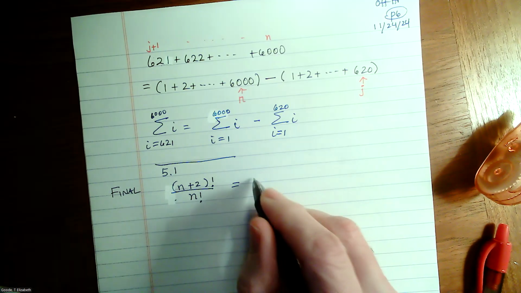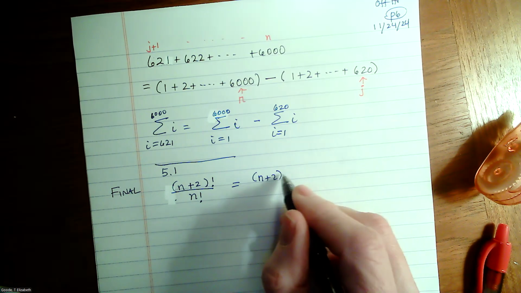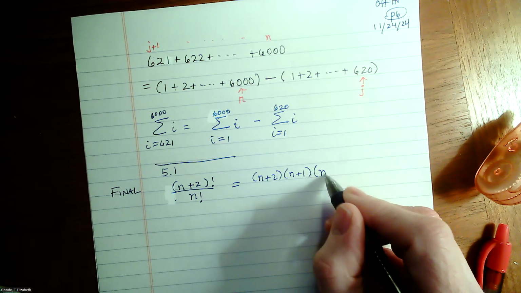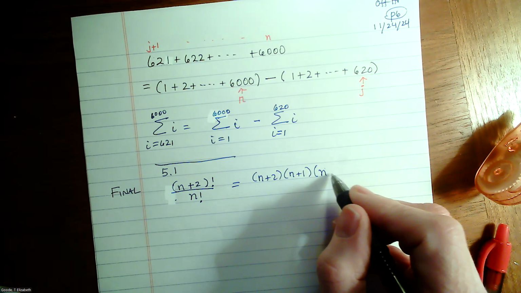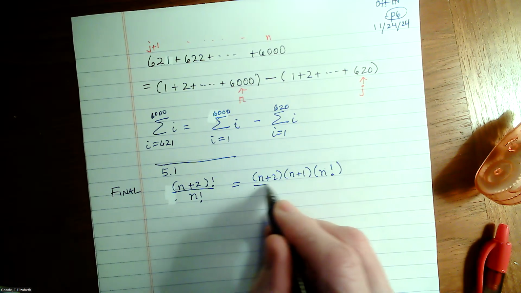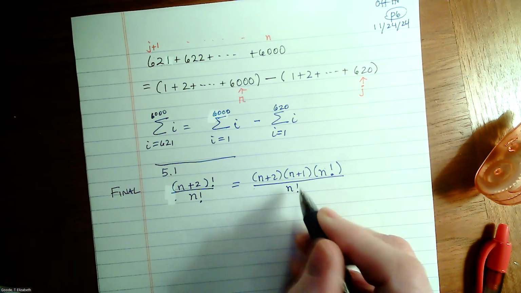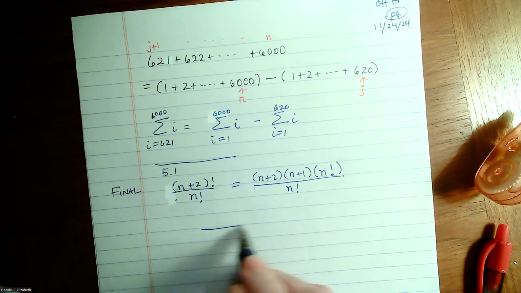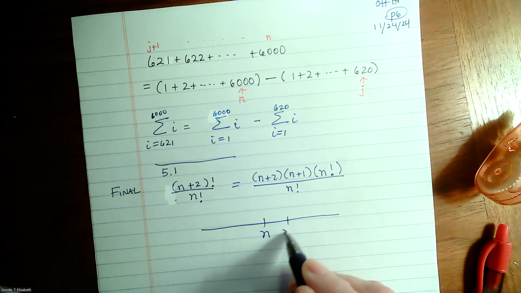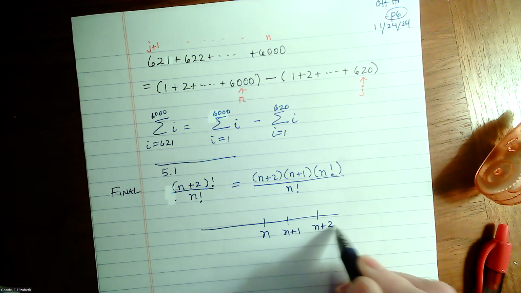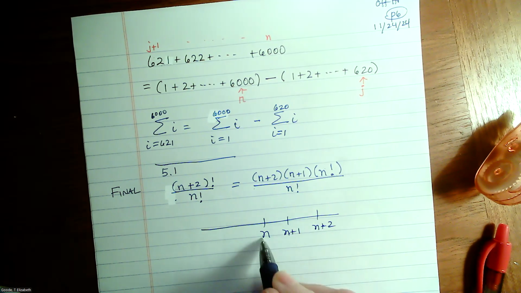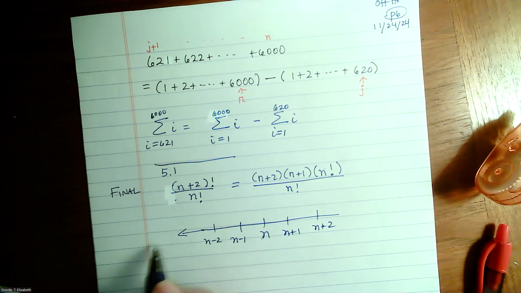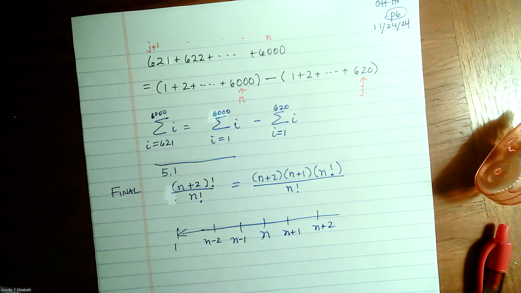So n plus 2 factorial is n plus 2 times the one right before, which is n plus 1, times the one right before, which is n, times the one before that, n minus 1, but that's n factorial. You just keep going down until you get to 1.